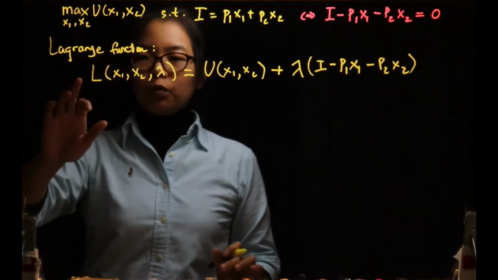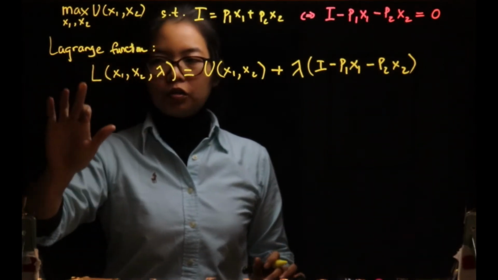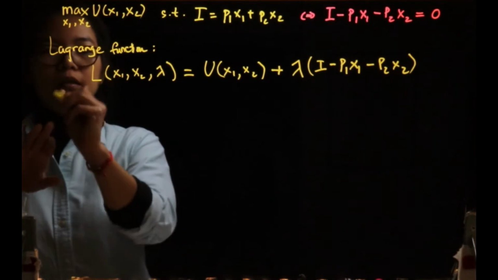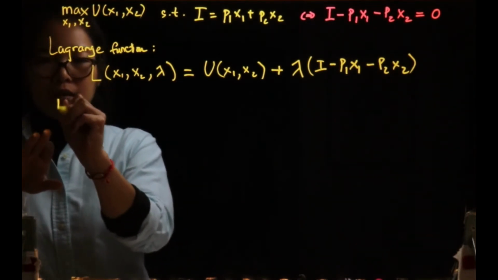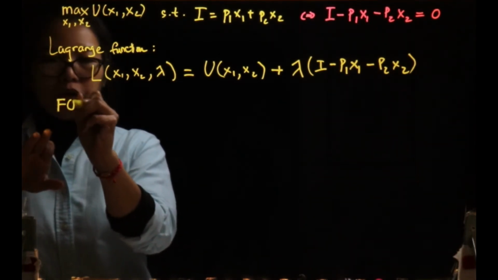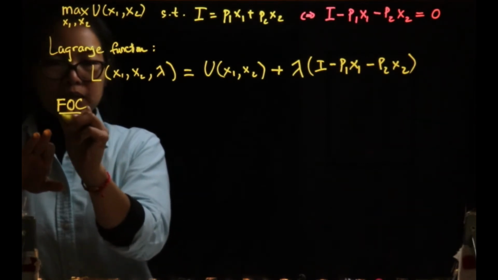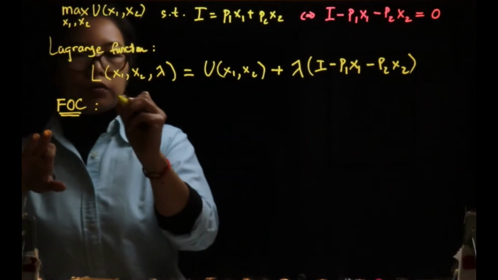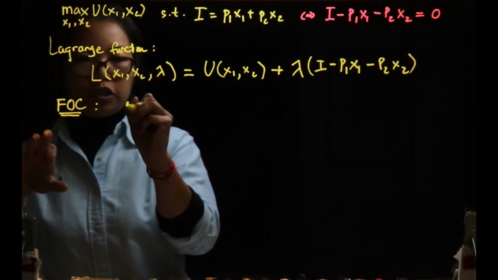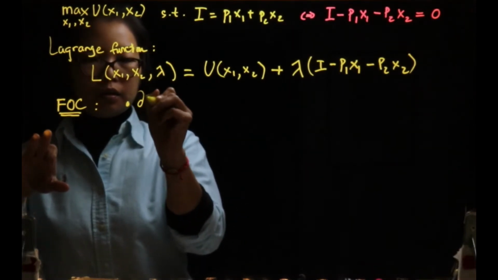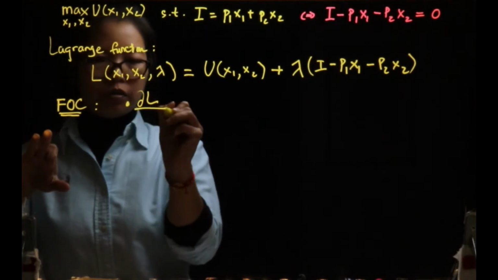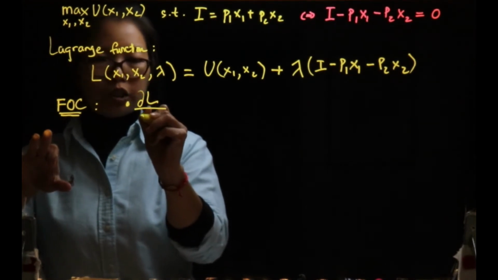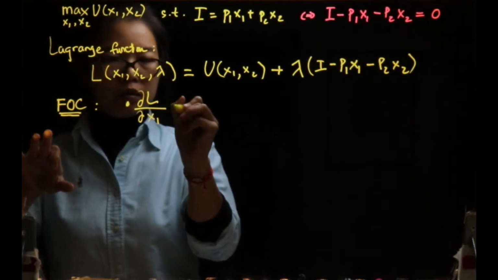So now we will set up the first order condition of the maximizing using purely mathematical tools that we learned last week. The first order condition is the derivative of L, the Lagrange function, with respect to x1.